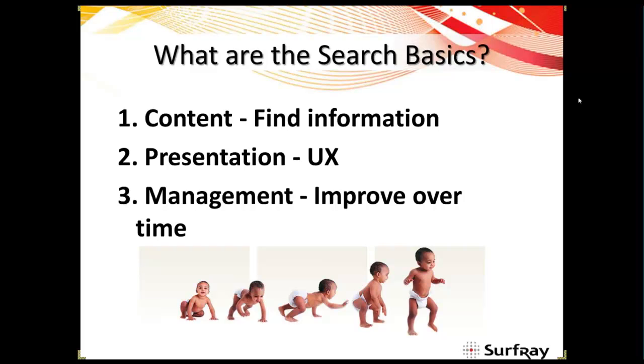But on the other hand, very seldom is the information the correct information. Maybe the information isn't up to date, or it is flooded with things that are not relevant, which buries the relevant information. So the really important thing about content is that we have all the content that we should have and no more.